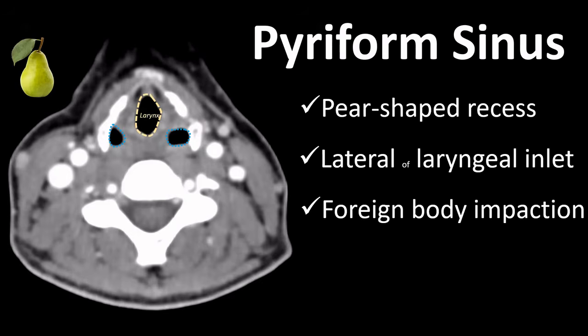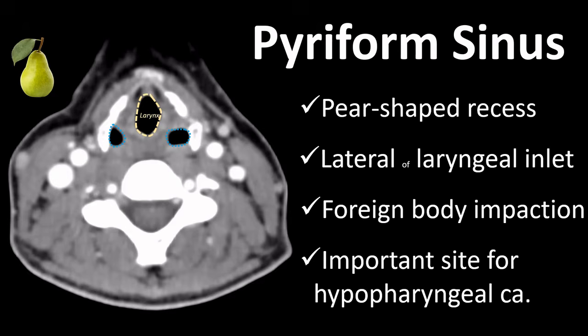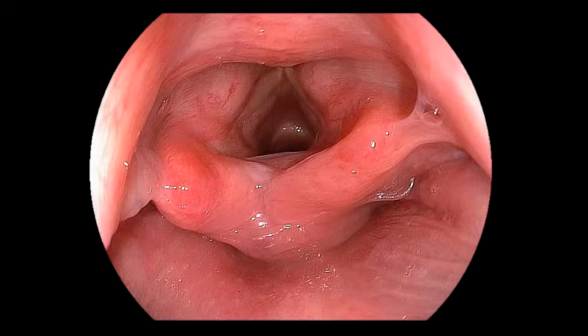Important distinction. And they are important areas from a clinical point of view because, on the one hand, the piriform sinuses are areas where you frequently get foreign body impaction. And, as already said, they are also an important site for the development of hypopharyngeal carcinomas.